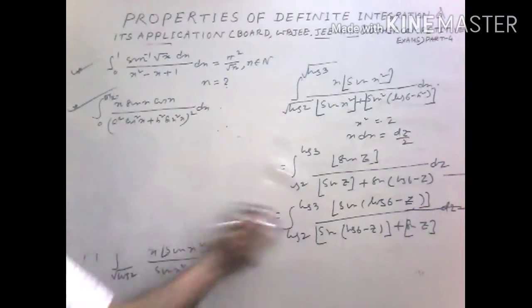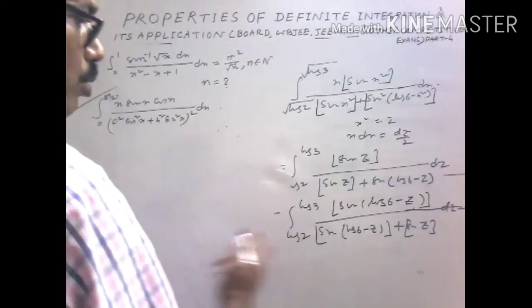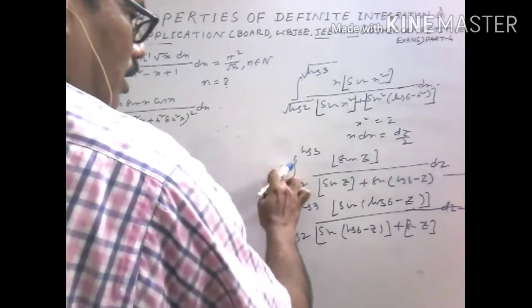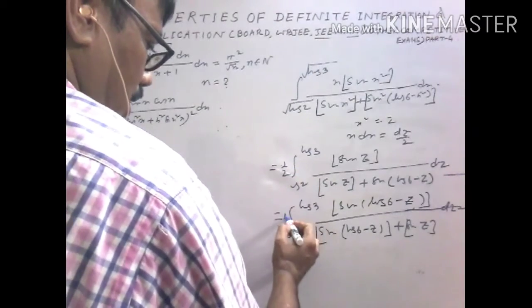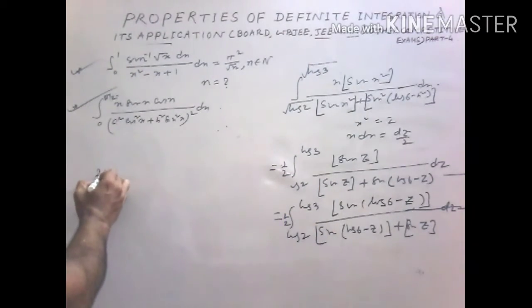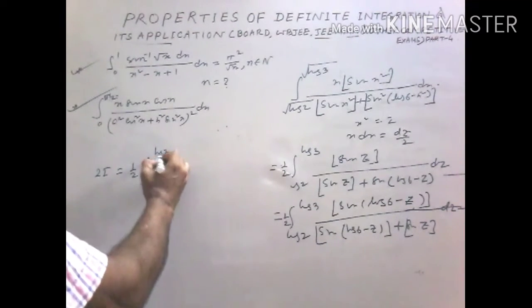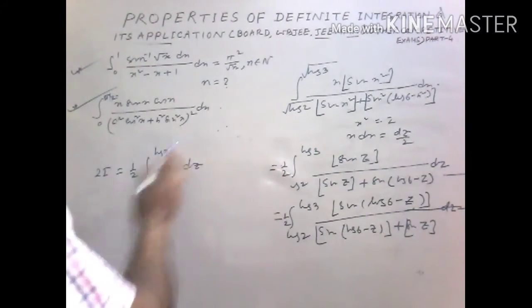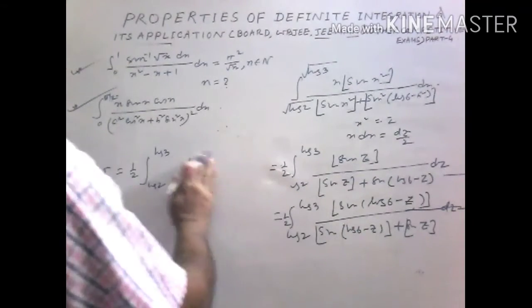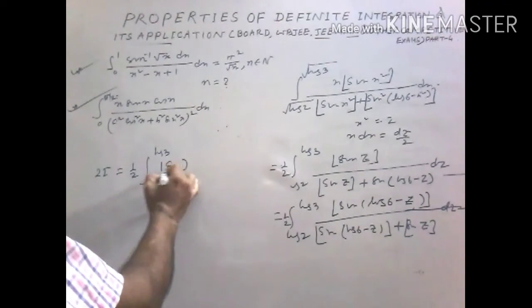So this is 2. If we add 1 and 2, there is a half in the denominator, half. So 2I equals to half, log 2 to log 3, dz.